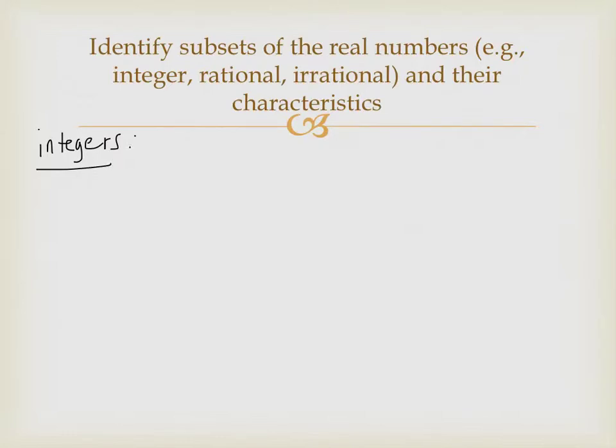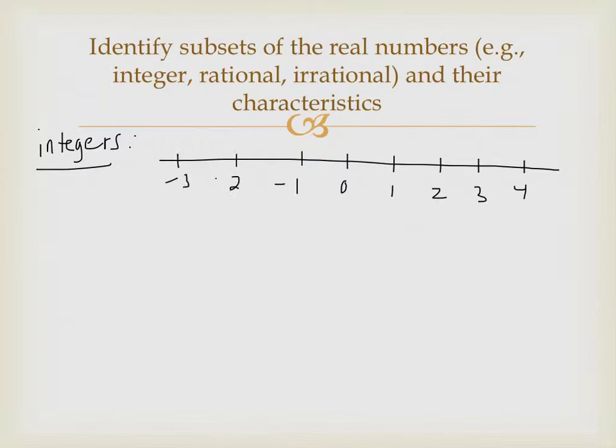So integers. Any number on a number line, like, I think back to 5th grade. Here is a number line. I think I had this taped to the top of my desk. So an integer is a number like 0, or 1, or 5, or 56, but also -1, -2, -3, etc. These are all examples of integers.